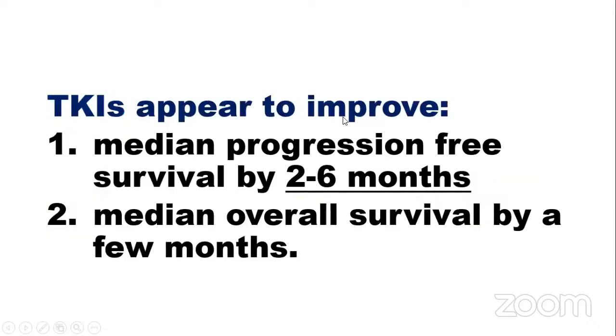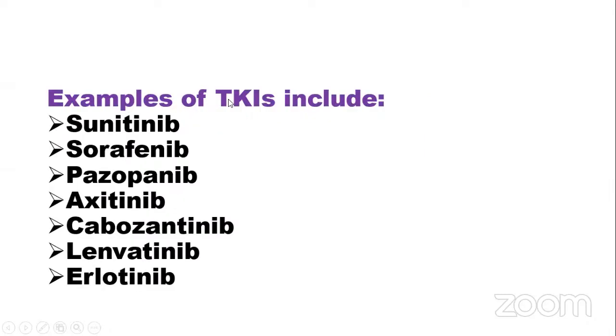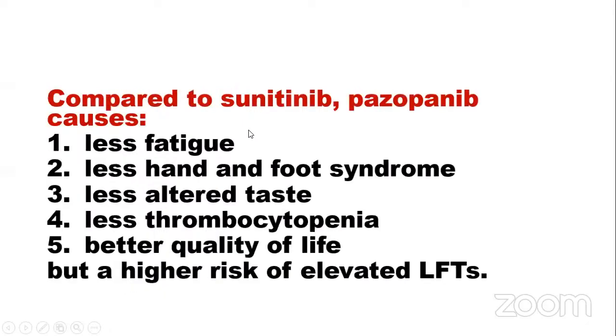Tyrosine kinase inhibitors appear to improve median progression-free survival by 2 to 6 months, and also median overall survival by a few months. Examples of tyrosine kinase inhibitors are sunitinib, sorafenib, pazopanib, axitinib, cabozantinib, lenvatinib, or erlotinib.